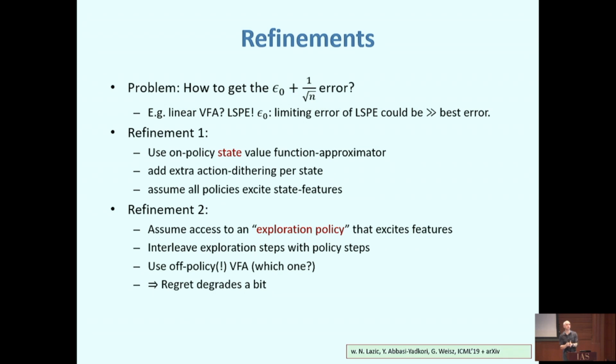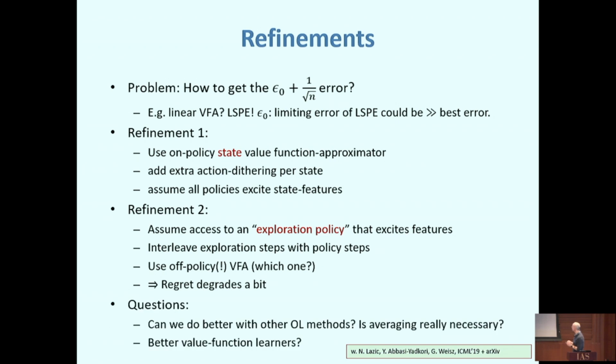We don't have very good results for off-policy learning and controlling the function approximation error. So you can manage things and still get the regret bound, but it's not super nice and it doesn't feel like a finished product. So there are a bunch of obvious questions. Can we do better with other online learning methods? Is averaging really necessary? How do we design better value function learners?